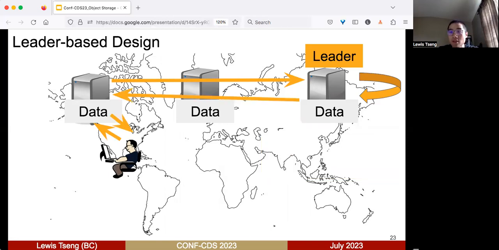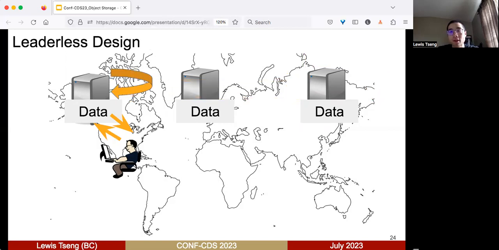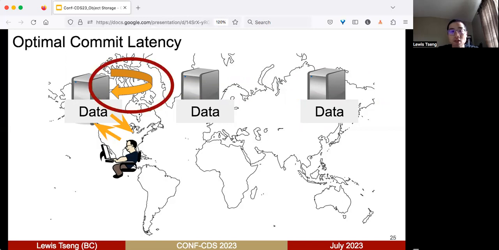So you have this kind of geo RTT delay, which is on the order of 200 or even 500 milliseconds. We wouldn't want to pay that. And now systems are moving toward a more leaderless design, meaning you don't need to contact the leader. There's no notion of a leader. So when you commit the protocol, that's what counts. And one important thing is optimal commit latency.